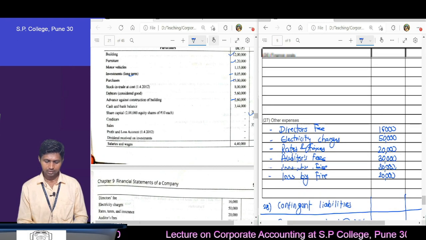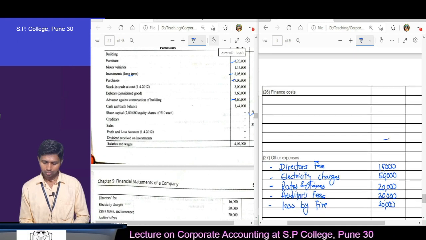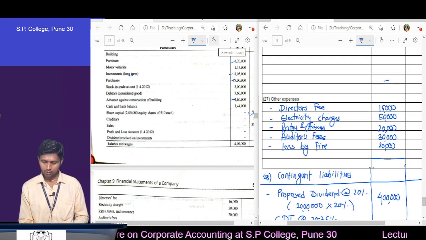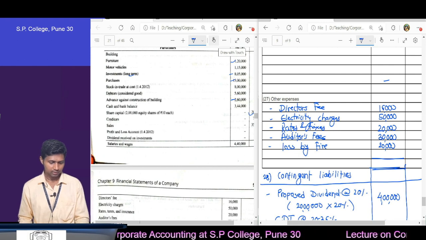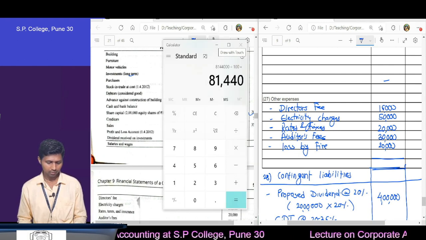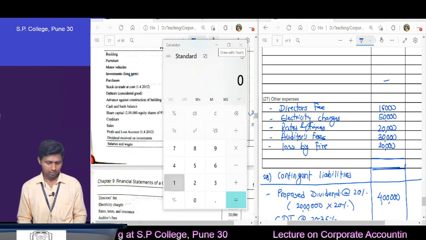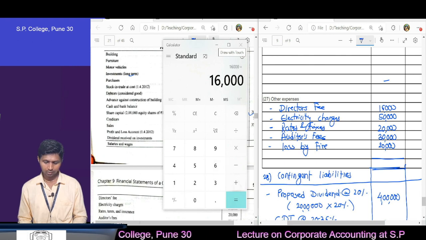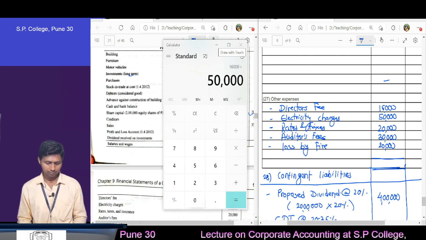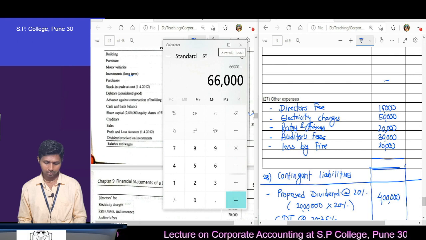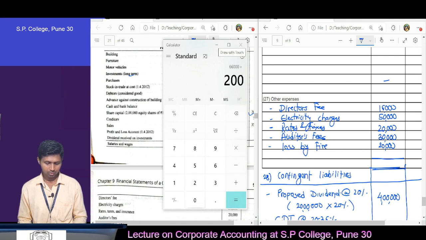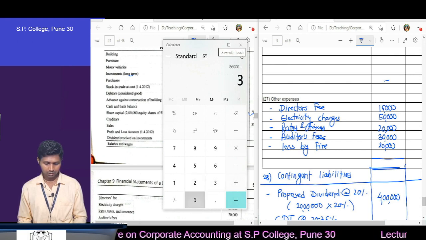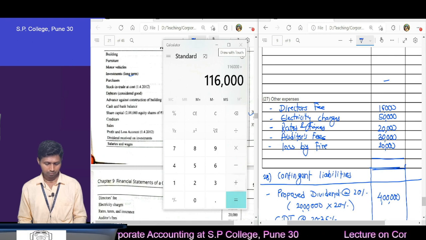Then after this, finance cost is 0, no need to take a total. Then after finance cost, we have other expenses. So many figures are there in other. Use a calculator. 16,000 plus 50,000 plus 20,000 plus 30,000 plus 20,000.